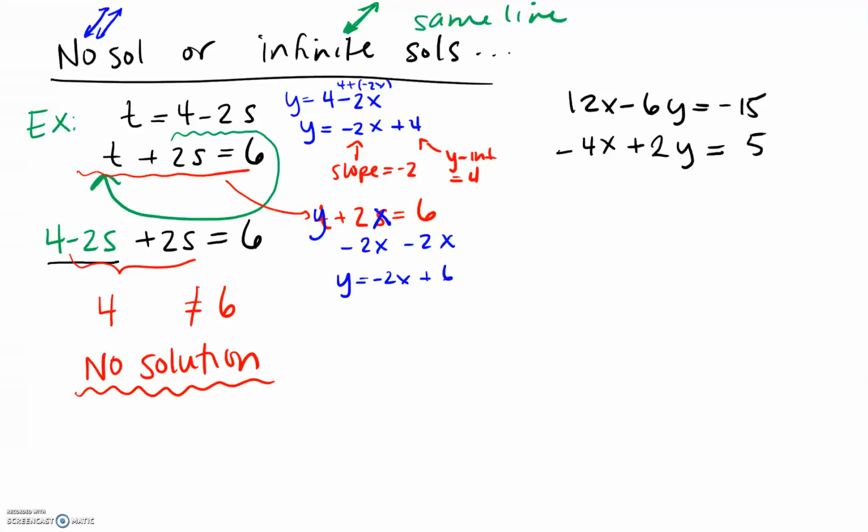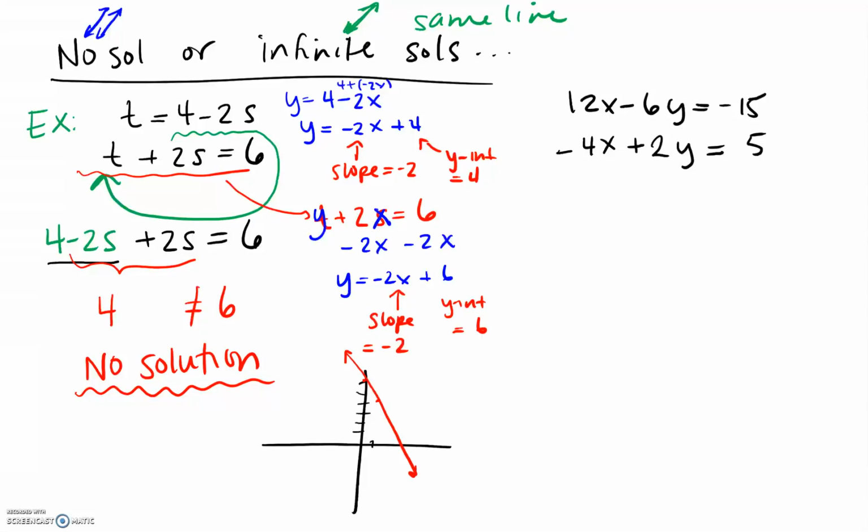So now we can see this line has a slope of negative 2, same exact slope, but the y-intercept is different. It's 6. So if we were to graph these two different lines, one is going to be starting at positive 6, going down 2 and over 1, getting us that.